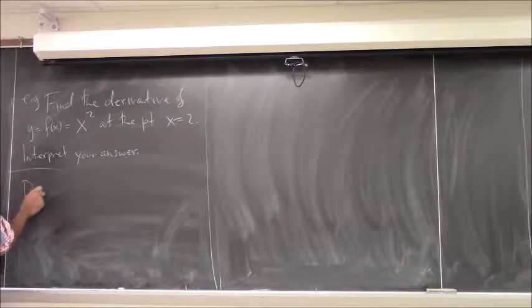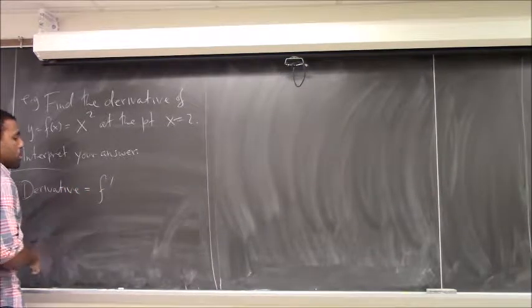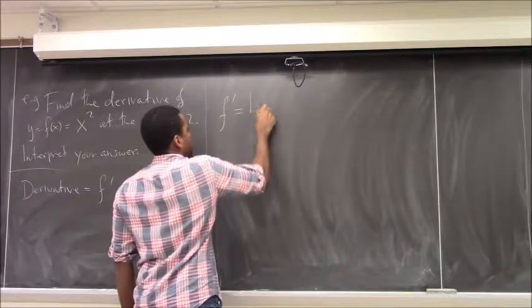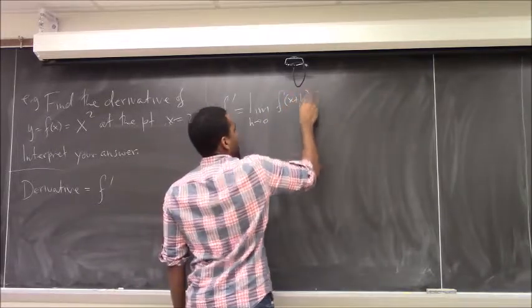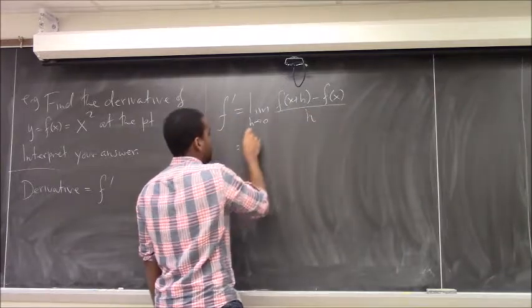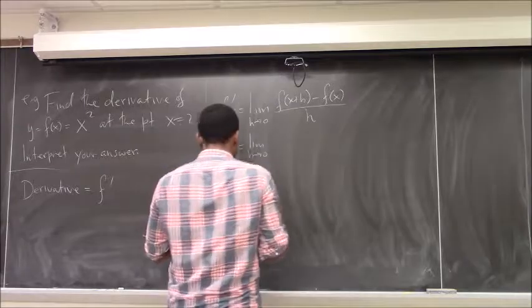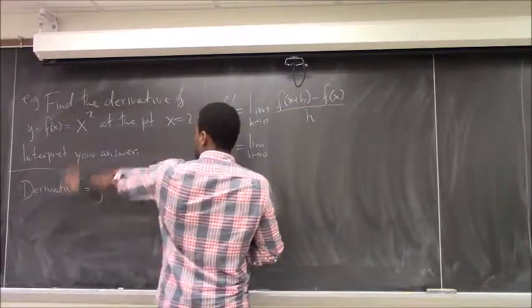Here we know the derivative. This is just equal to f prime. My f prime is going to be equal to the limit as h approaches 0 of f of x plus h minus f of x, all over h. What is my f of x plus h for this function?